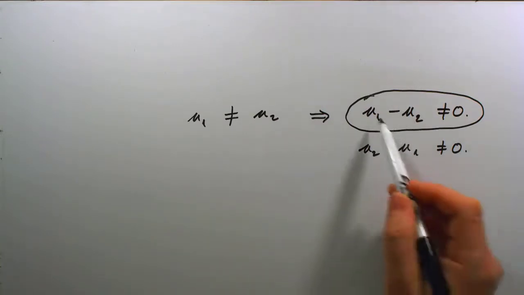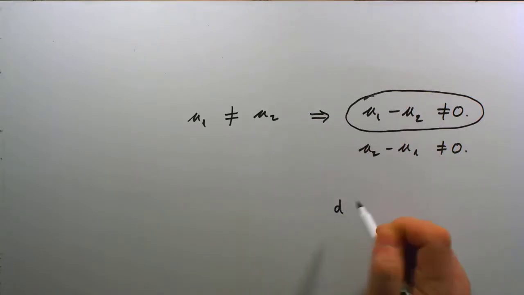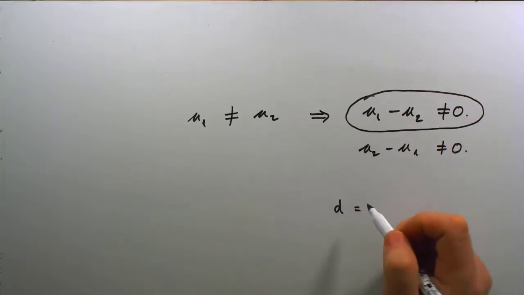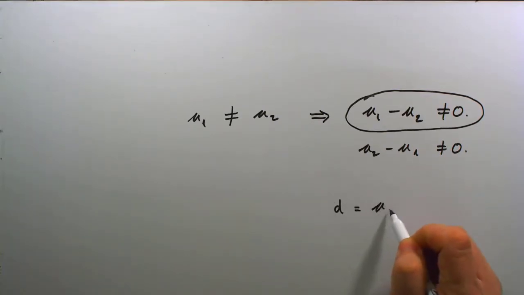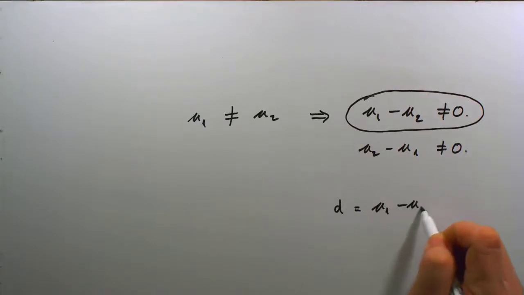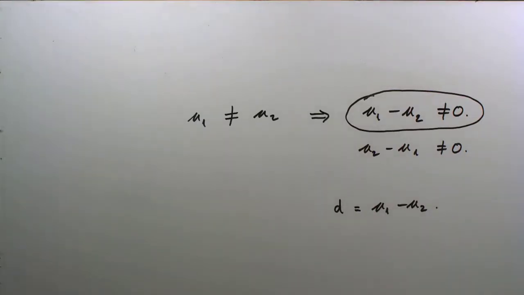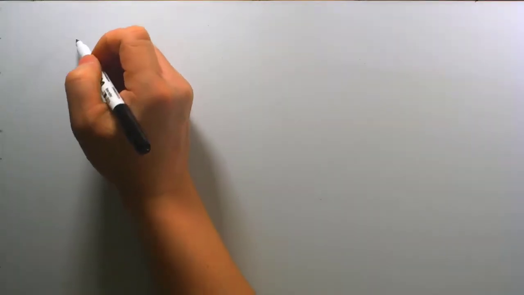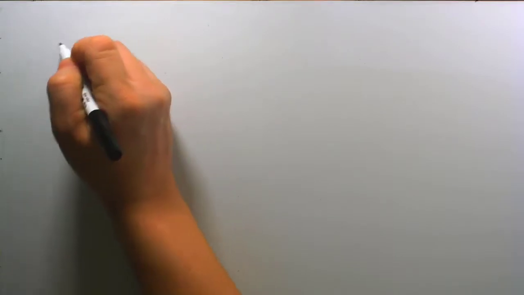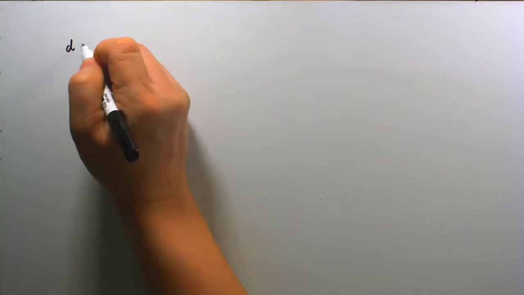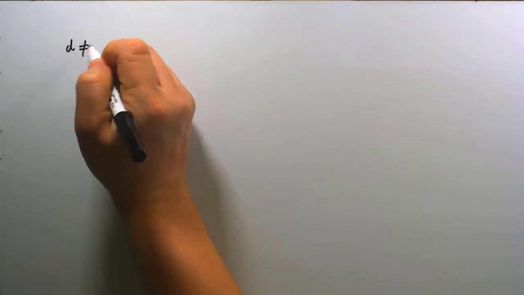And so now mu1 minus mu2, recall from our definition that we have seen in the general lecture, is our unique d value. So d here is the difference mu1 minus mu2. So here we can see that the statement right out from the wording of the question is stating that d, the difference, is other than 0.